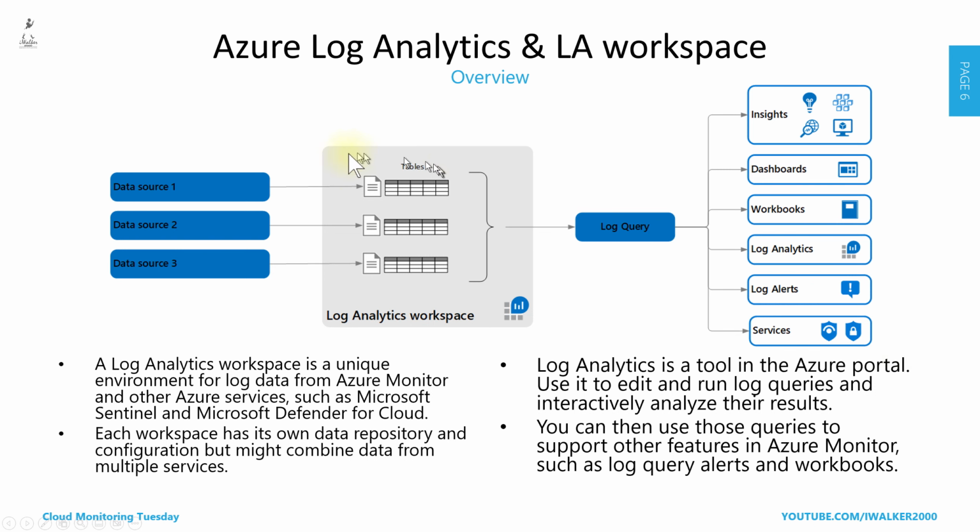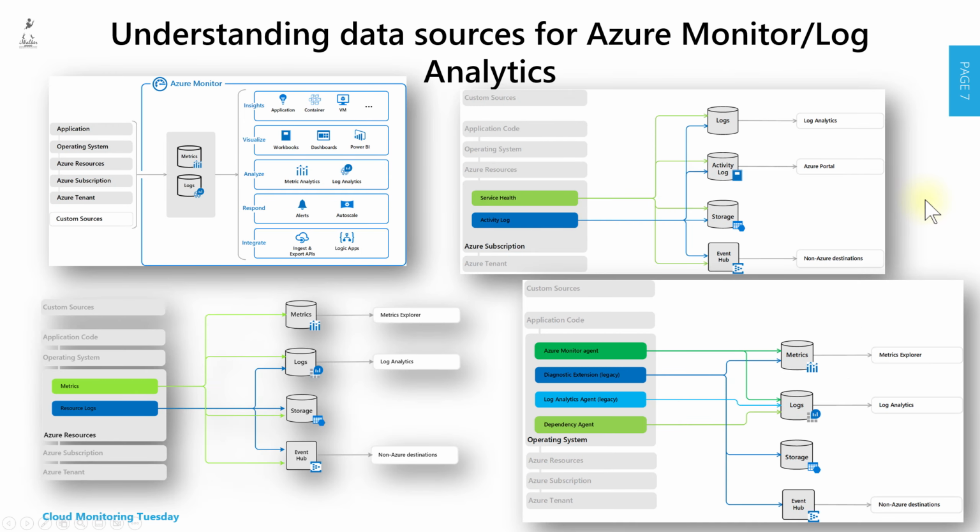To understand how it's happening, why these data sources 1, 2, 3 send the data to the different tables, let's see the standard diagrams. Again, it's not rocket science, it's exactly the way Microsoft works. This is understanding the data sources for Azure Log Analytics and for Azure Monitor itself. If you see, there is a standard way that could provide the data.